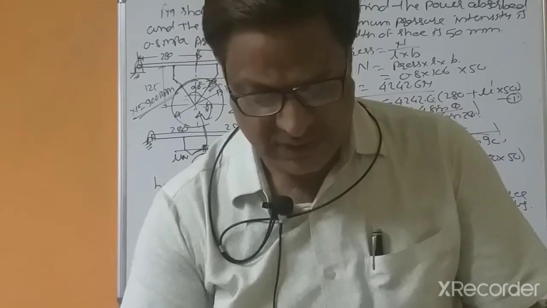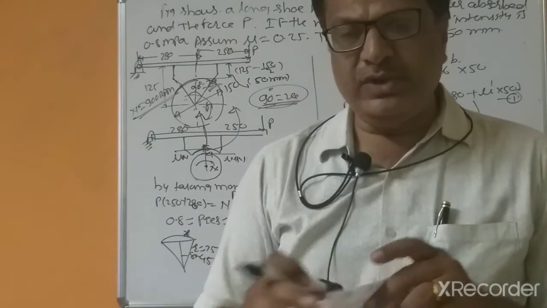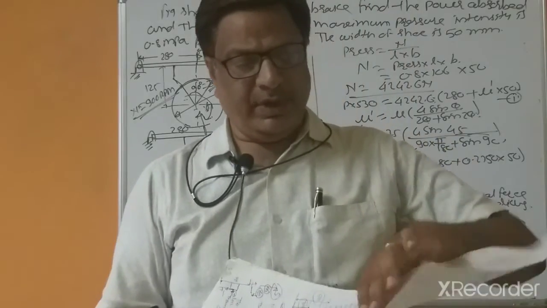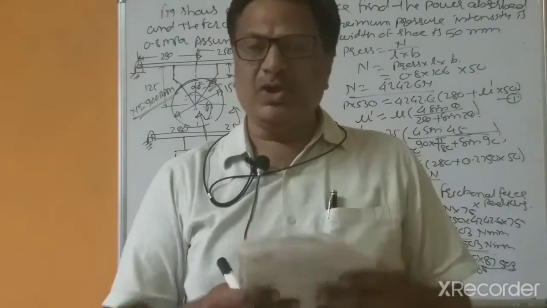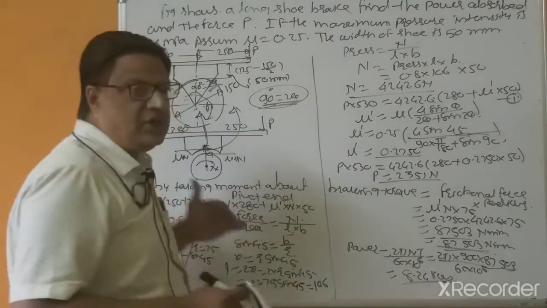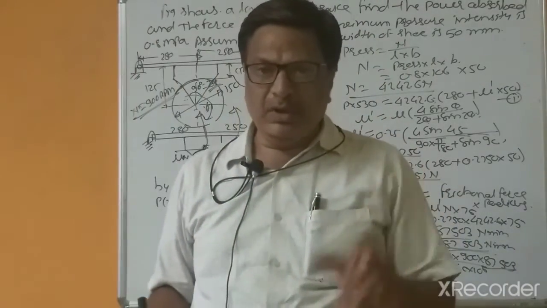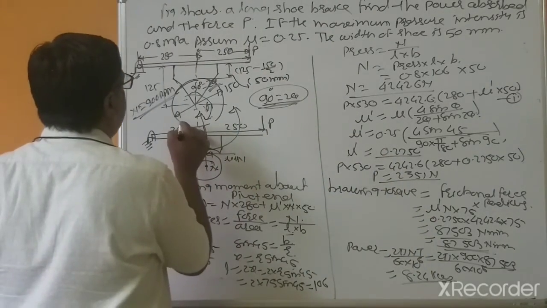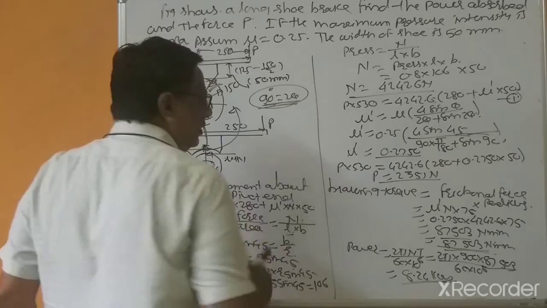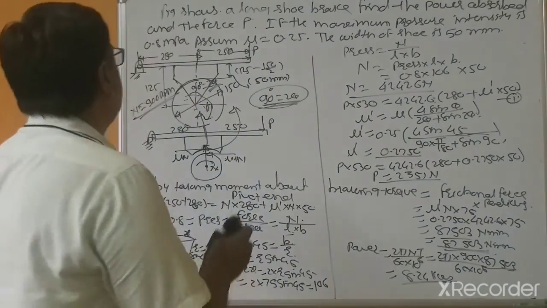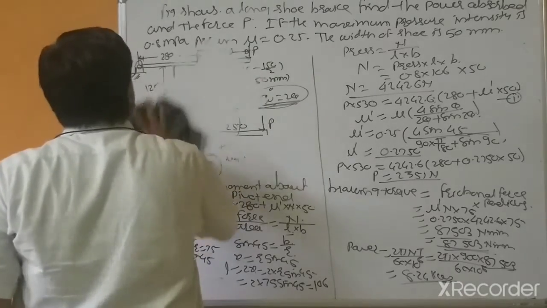In some cases, up to this we studied only one side of the brake. If the brake is on only one side, because of the application of the force from one side, the shaft of the brake drum may be bent. So equal and opposite normal forces may be applied.